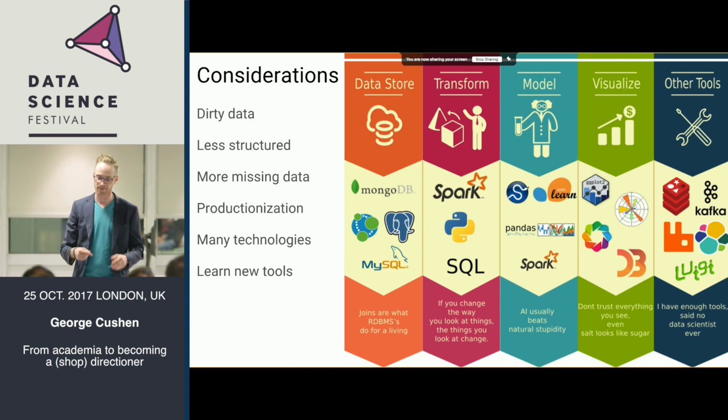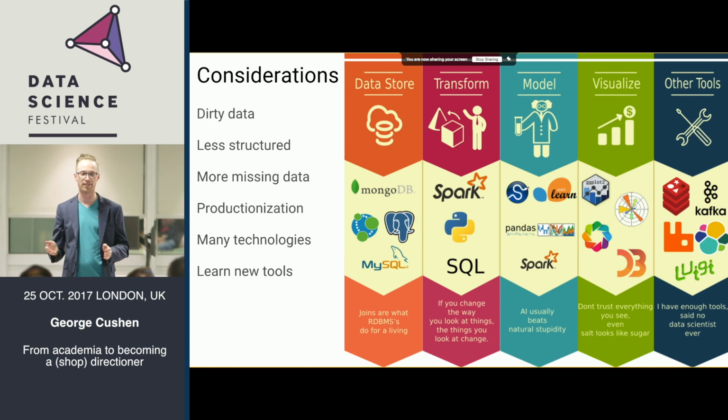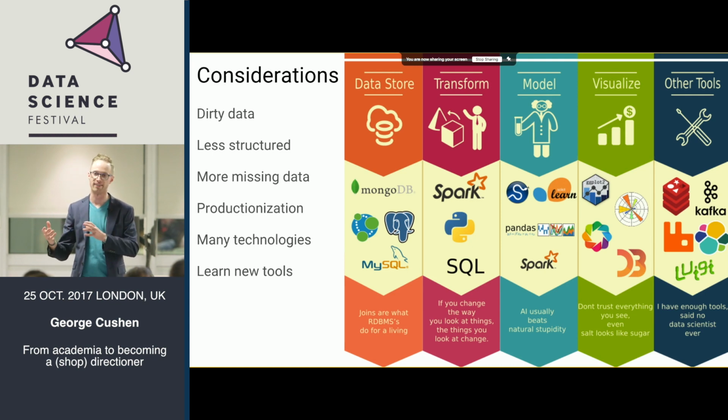Also, across the business in industry, I found there's a lot more technologies being used. In academia, I could focus more purely on one or two technologies and become really good at that. Whereas in industry, especially in a legacy business, it's great to have at least an understanding of a lot of the technologies being used across the business in IT to productionize, so that you can relate your models to that.